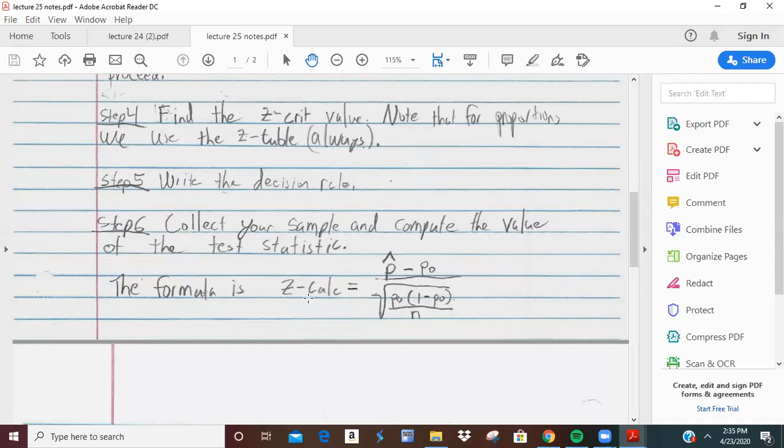So that's our z-calc value. Z-calc is a little bit different again. We've got our sample proportion, p hat, minus our hypothesized proportion, p sub 0, and in the denominator, we have p sub 0 times 1 minus p sub 0 over sample size, and we're going to square root this entire quantity.